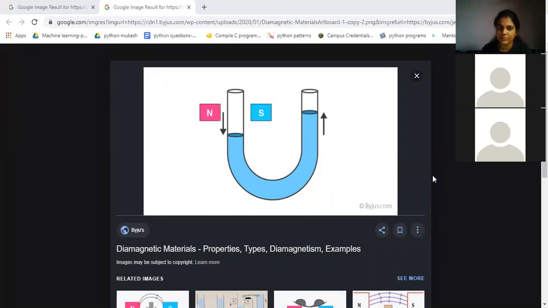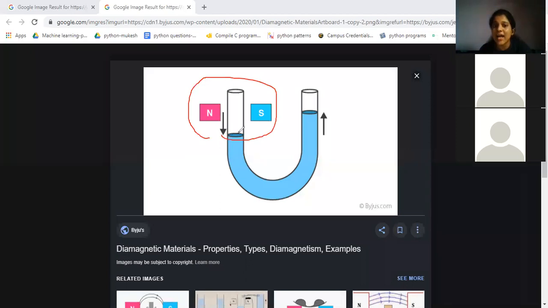Yes, ma'am. Okay, so this device is called a U-tube. Inside this U-tube, the blue color thing that you all can see is a diamagnetic liquid. At one end of the U-tube, they have provided an external magnetic field by providing north-south poles.